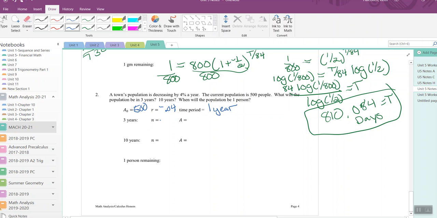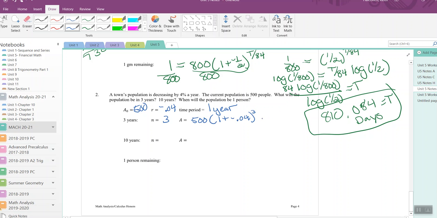So in 3 years, the n will be 3 because it's 3 over 1. And the formula for A would be 500 times 1 plus negative 0.04 to the 3rd power.